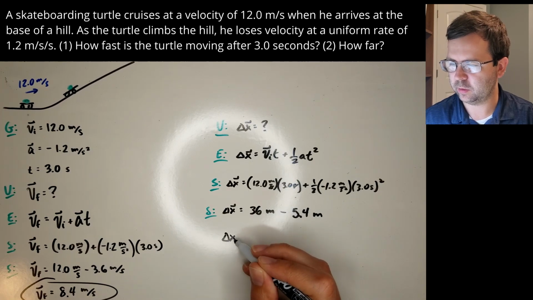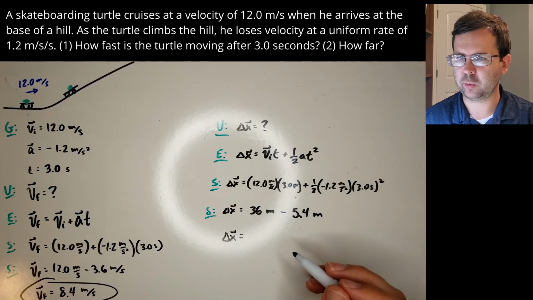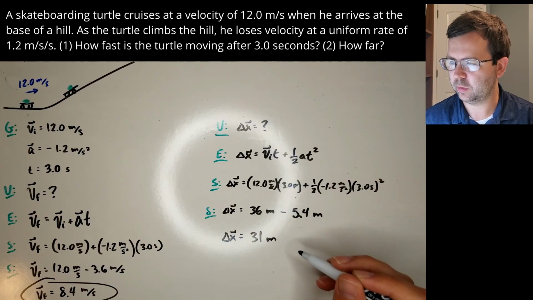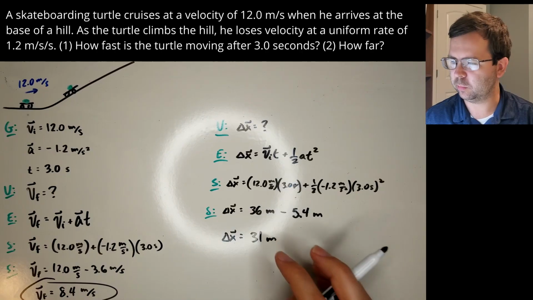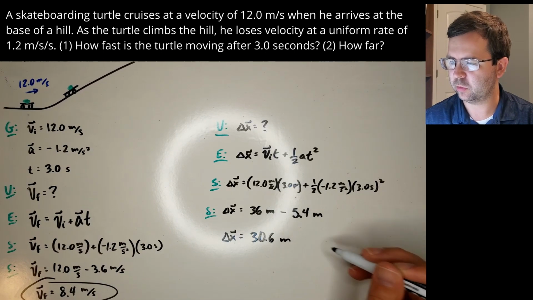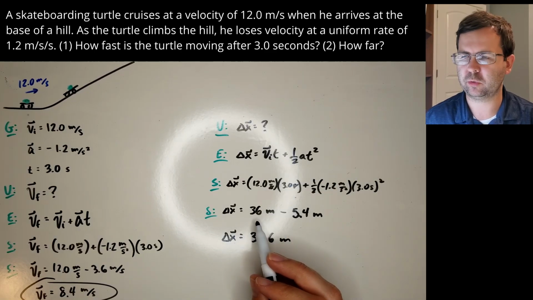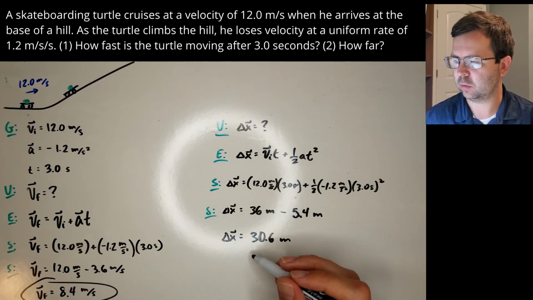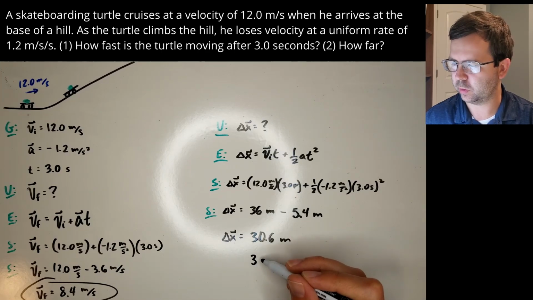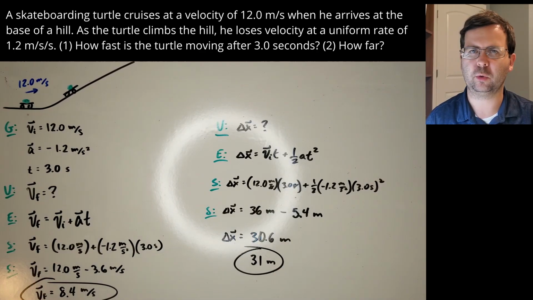And so the displacement of the turtle going up the hill is 31 meters. If you just did this in a calculator, it would be 30.6 meters, but the given numbers don't have a decimal place, so we round it to 31 meters for how far the turtle goes in this time.